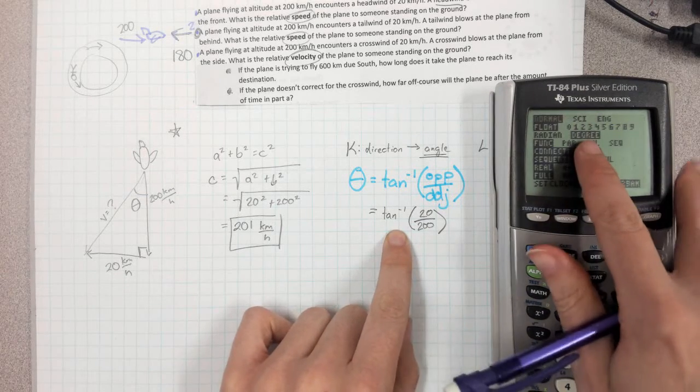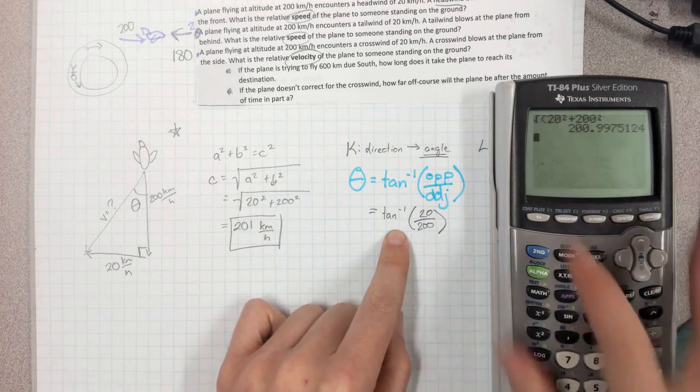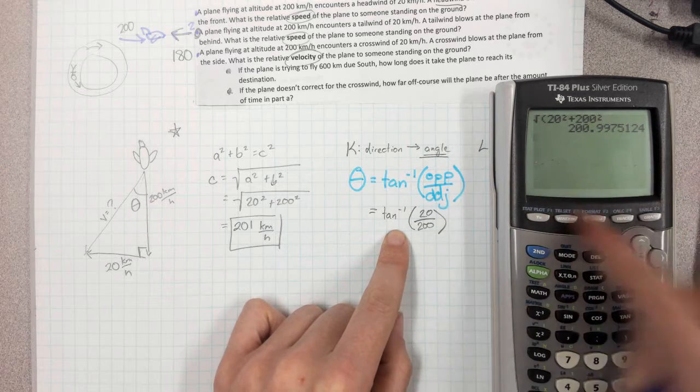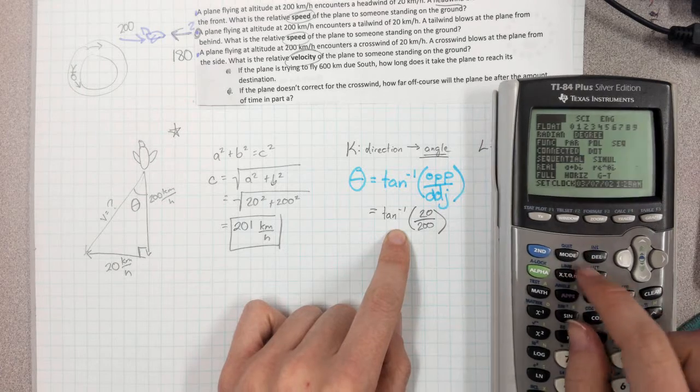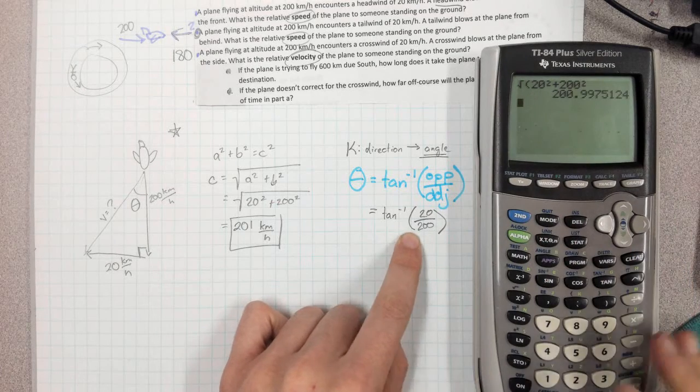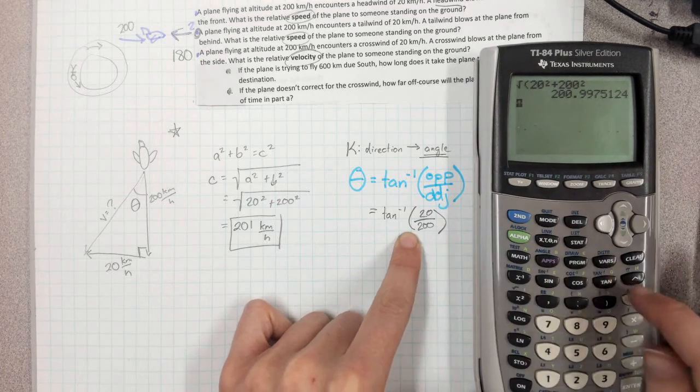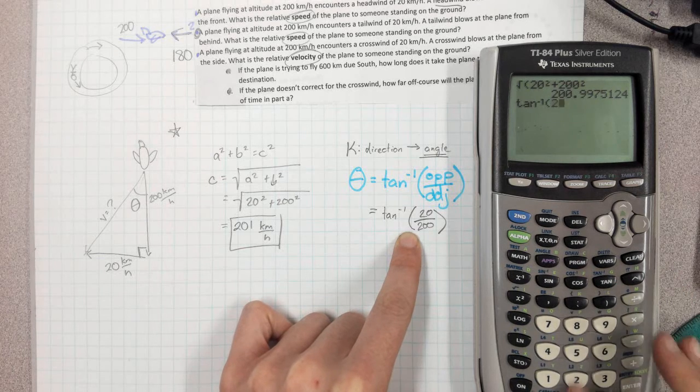Check the mode, just in case, especially if your calculator doesn't show it on the very front screen. Make sure you're in degree mode. So we have inverse tangent of 20 divided by 200.